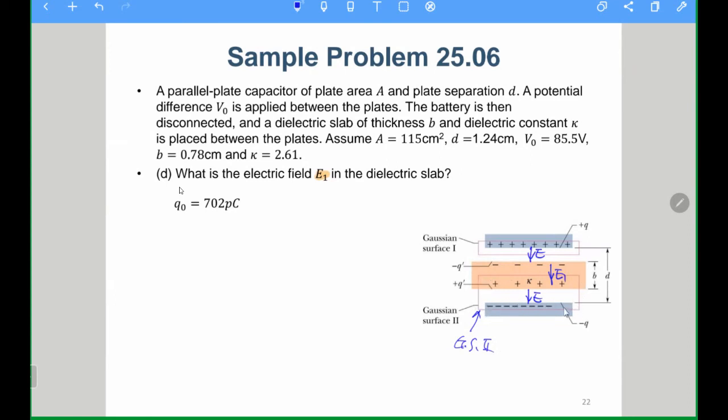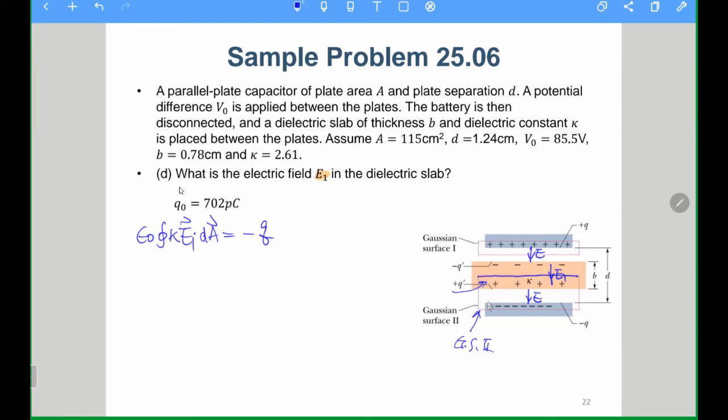So epsilon naught integral of kappa E1 dA equals negative Q, because this surface is inside the dielectric and only encloses the negative Q in this region.